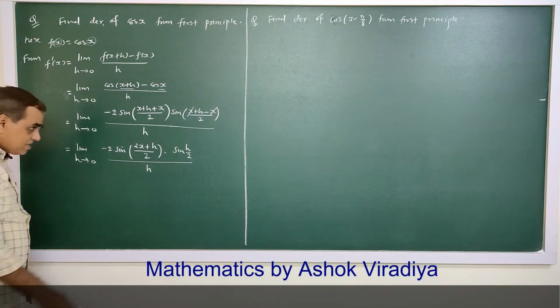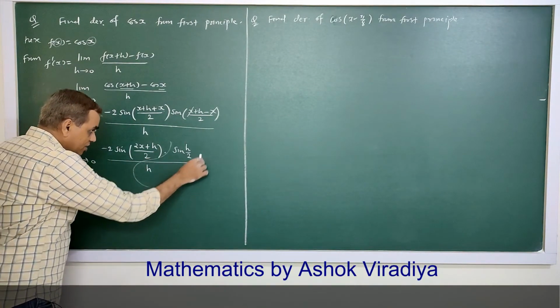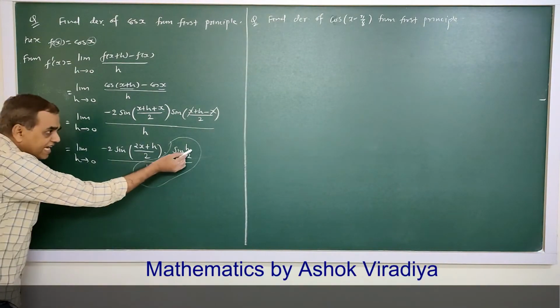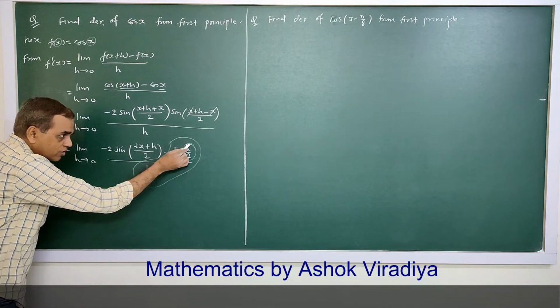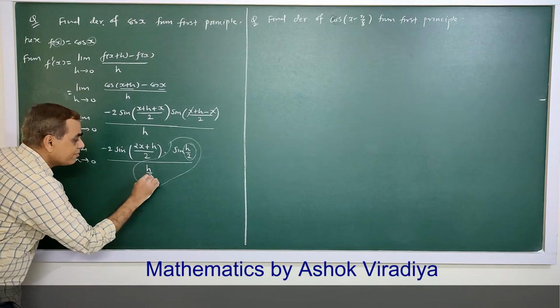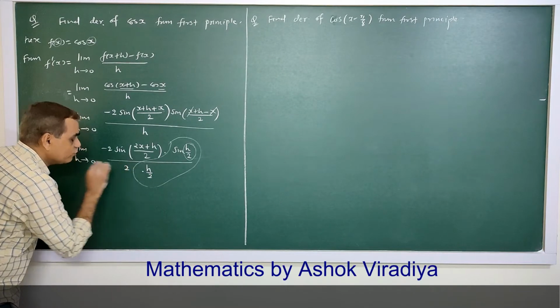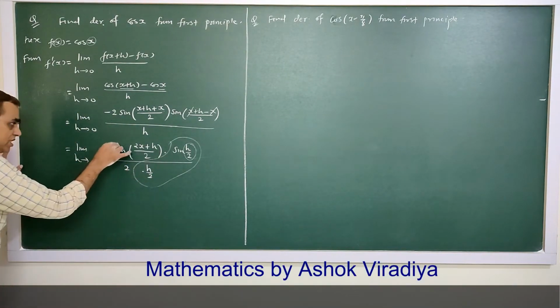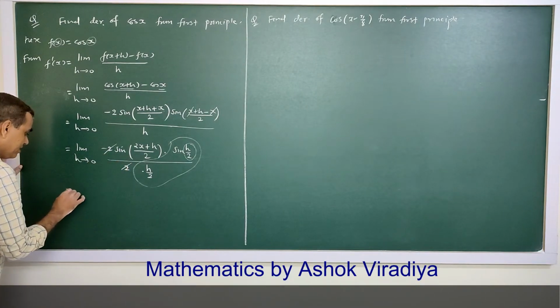Now see, here we can use the standard form of limit. This is sin h by 2, so the same number should be here, h by 2. So what I do? Divide and multiply by 2. So this 2 is cancelled.